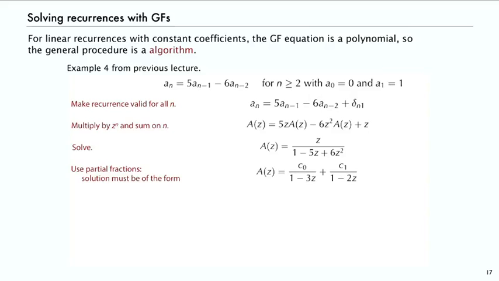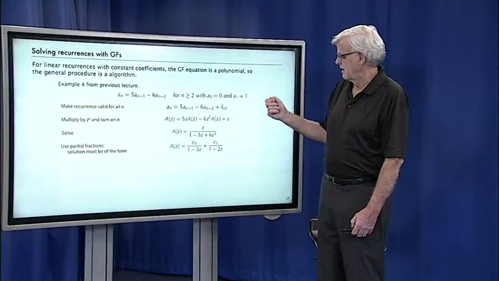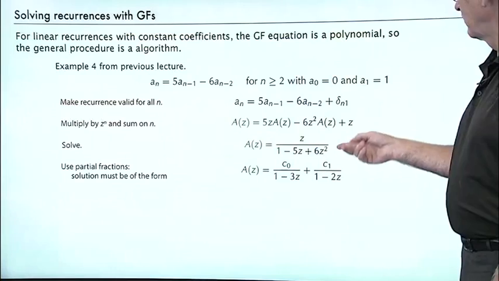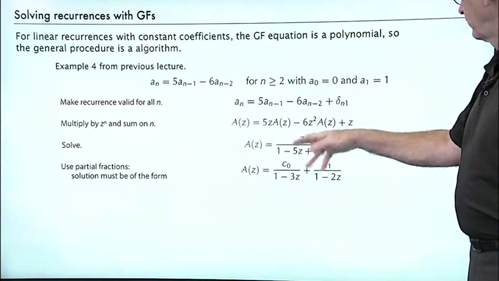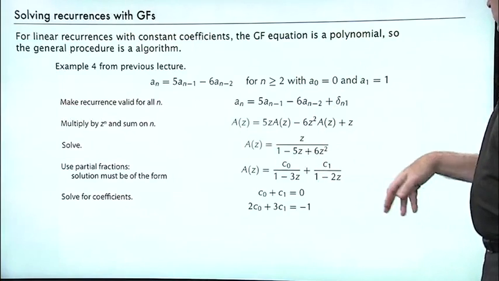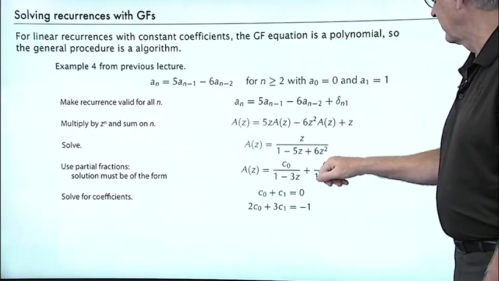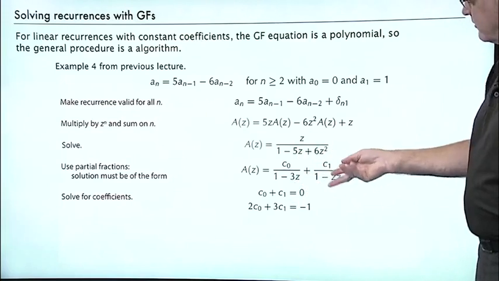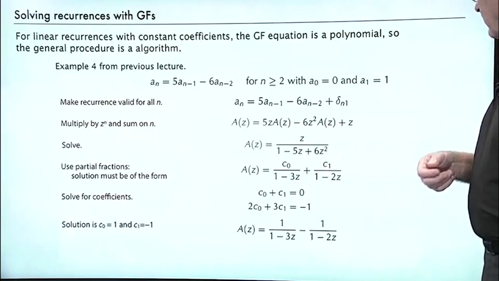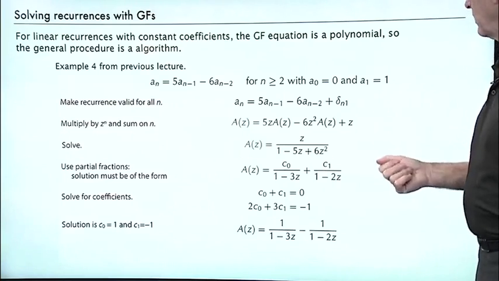And then in the numerator, you've got two equations and two unknowns. You have to have C0 plus C1 equals 0, and you have to have 2C0 plus 3C1 equals -1. So those unknowns have to satisfy those two simultaneous equations, and that's just what we got before, and the solution is C0 equals 1 and C1 equals -1.